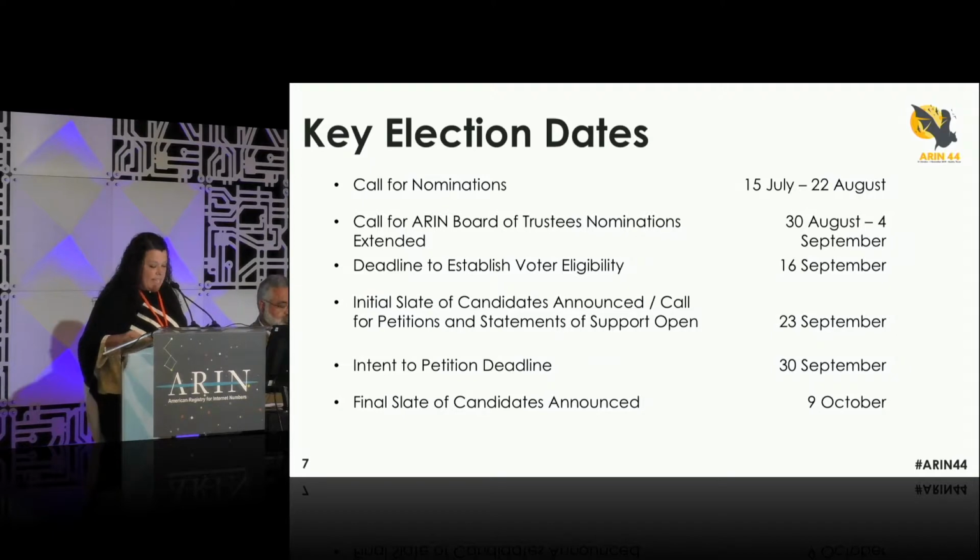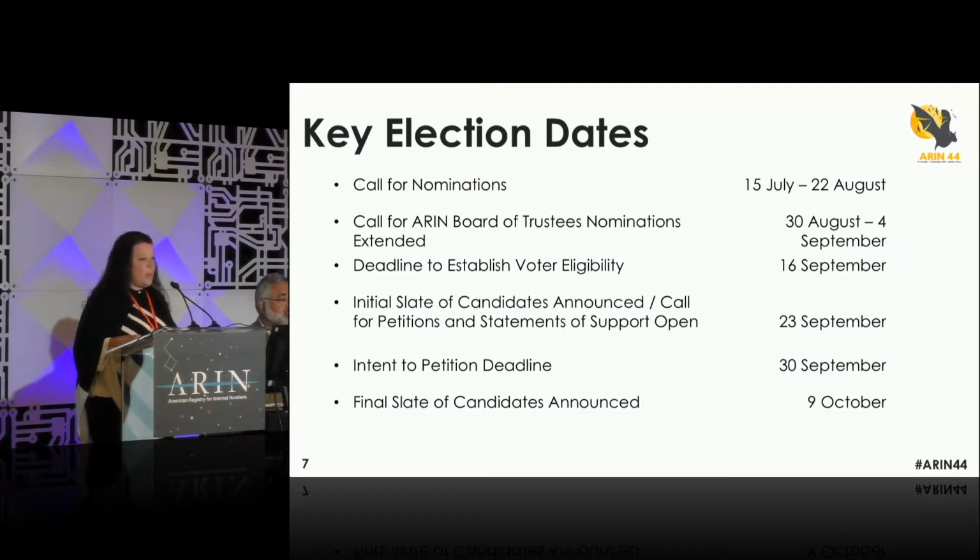I also want to take just a moment to talk about key election dates. Beginning July 15th through August the 22nd, we had our call for nominations. The call for ARIN Board of Trustees nominations was extended and reopened August the 30th and then concluded on September the 4th. The deadline, again, to establish voter eligibility was September the 16th.